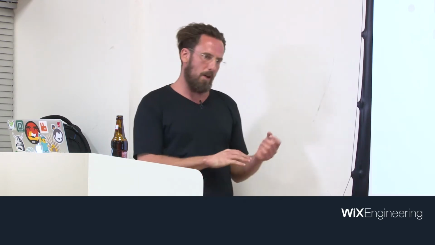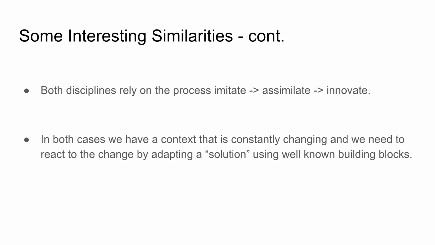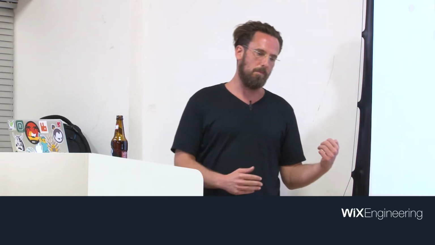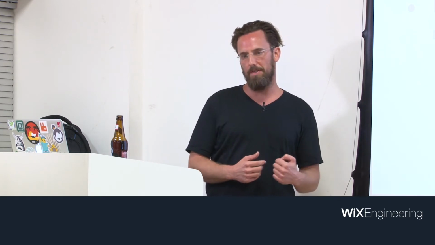So, and I also see this kind of process of imitating, assimilating, and innovation, which means in music, in order to become a good improviser, I think a good idea is to mimic your musical masters, basically.